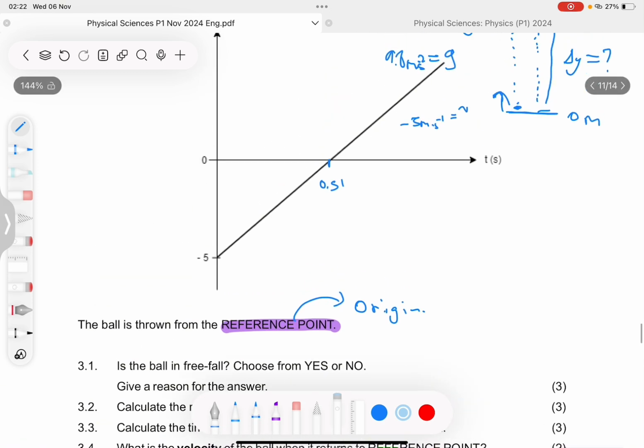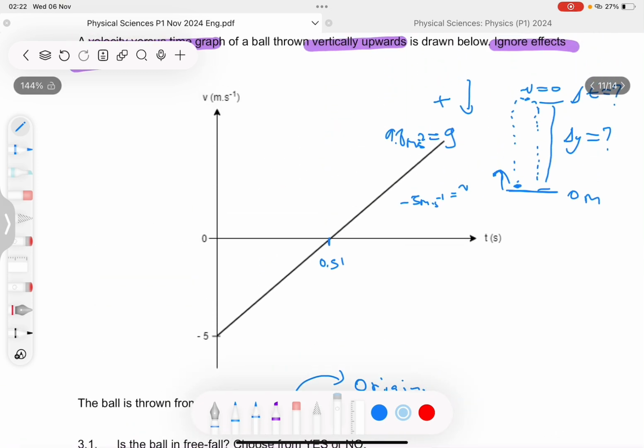Now, when the ball returns to the reference point, they're referring to when the ball is here, because it will move away from the reference point, reach the maximum height, and return back to the reference point. They say what will be the velocity. We know that the velocity when it goes up is -5 meters per second, meaning it's going up. We expect the velocity here to be 5 as well meters per second, right?